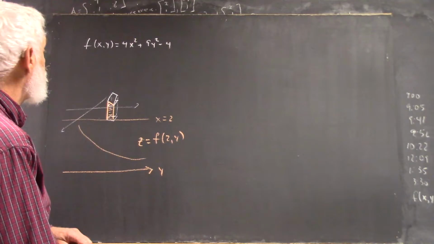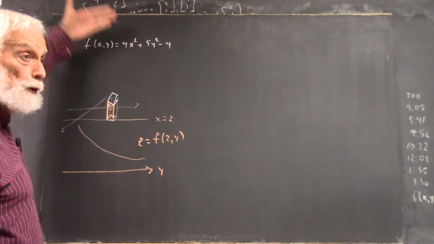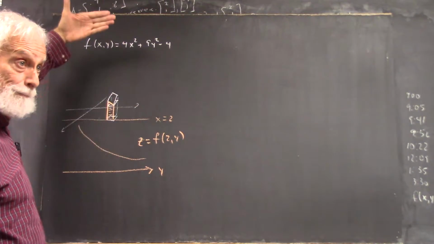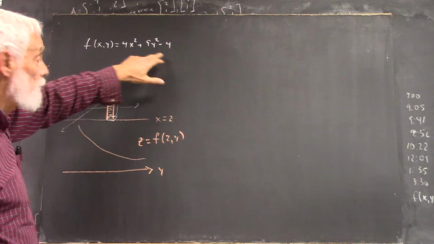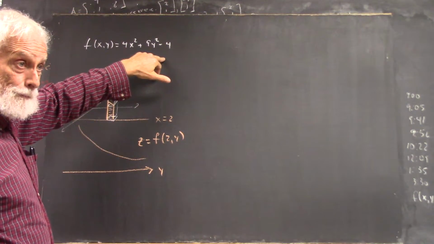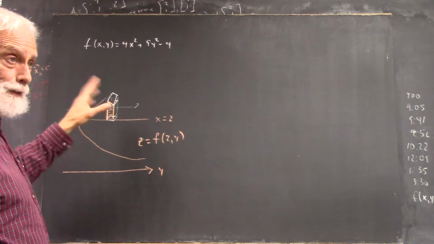In other words, we can take the plane x equals 2, which is a vertical plane, and cut our surface with it. Okay, it won't really look like this. This is just kind of a schematic.